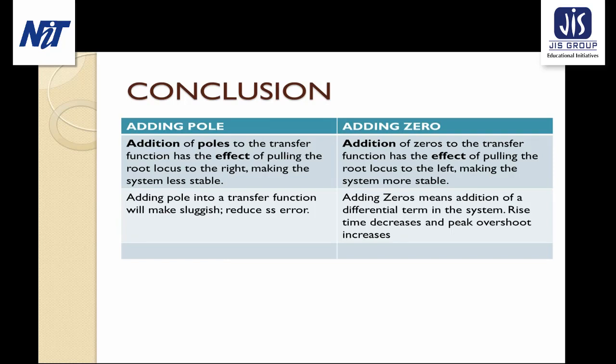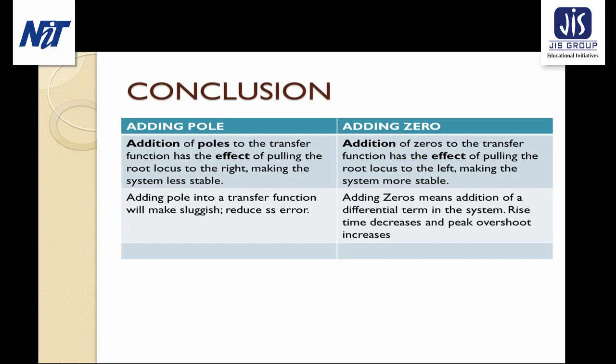So from this we can conclude that if we add a pole to the transfer function, then the root locus shifts to the right, which makes the system less stable. Whereas if we add a zero to the transfer function, it pulls the root locus to the left side, which makes the system more stable.